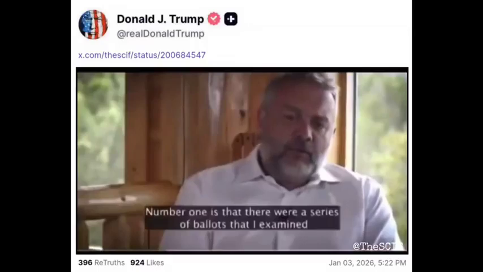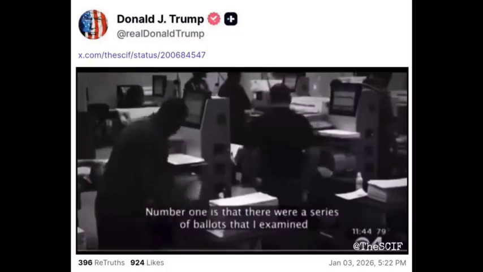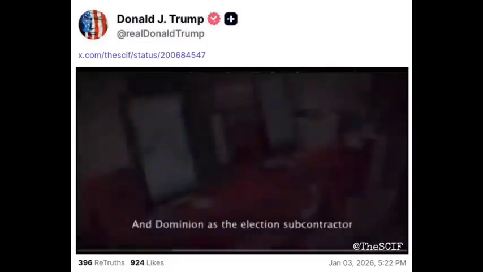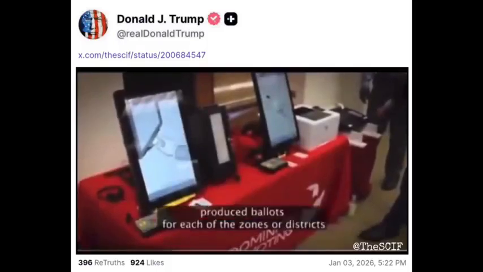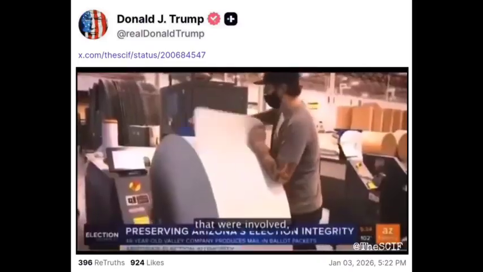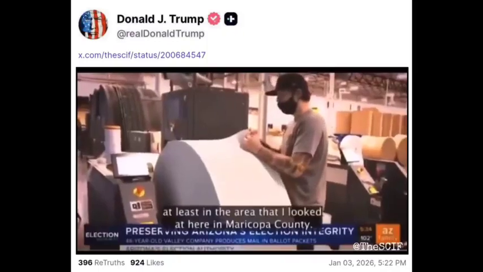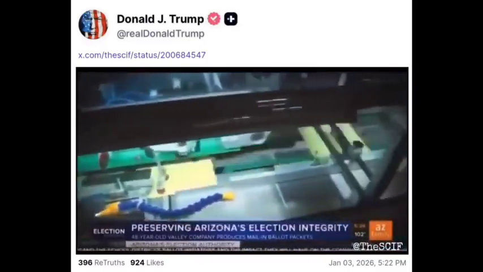Number one is that there were a series of ballots that I examined the photographs of, and Dominion, as the election subcontractor, produced ballots for each of the zones or districts that were involved, at least in the area that I looked at here in Maricopa County. And there were 5,000 approximately, a little over, different ballots.